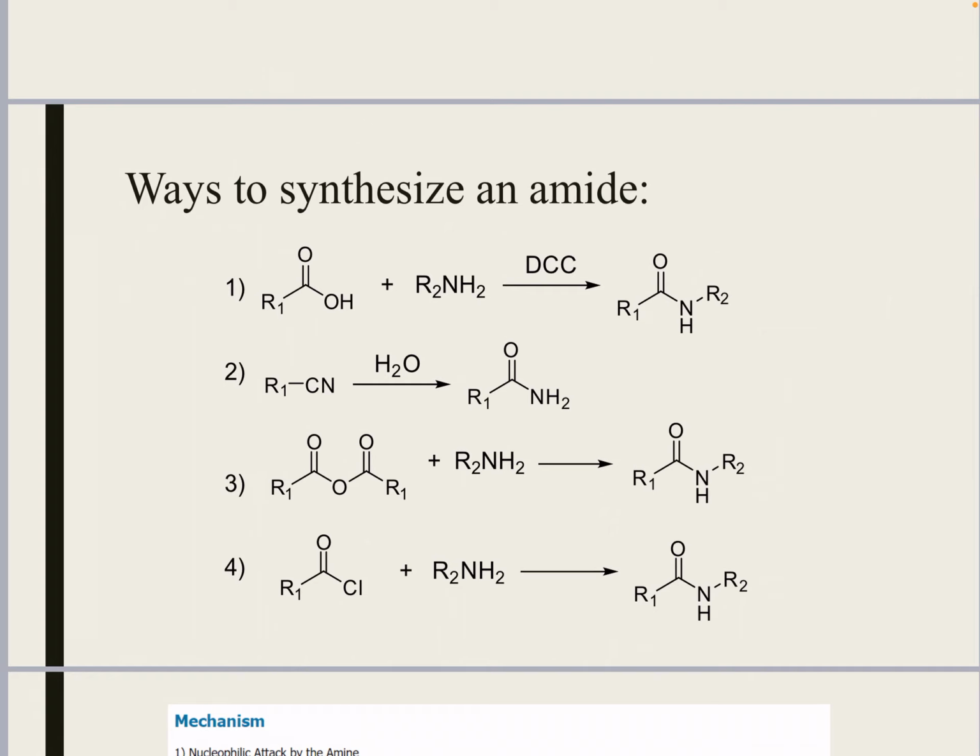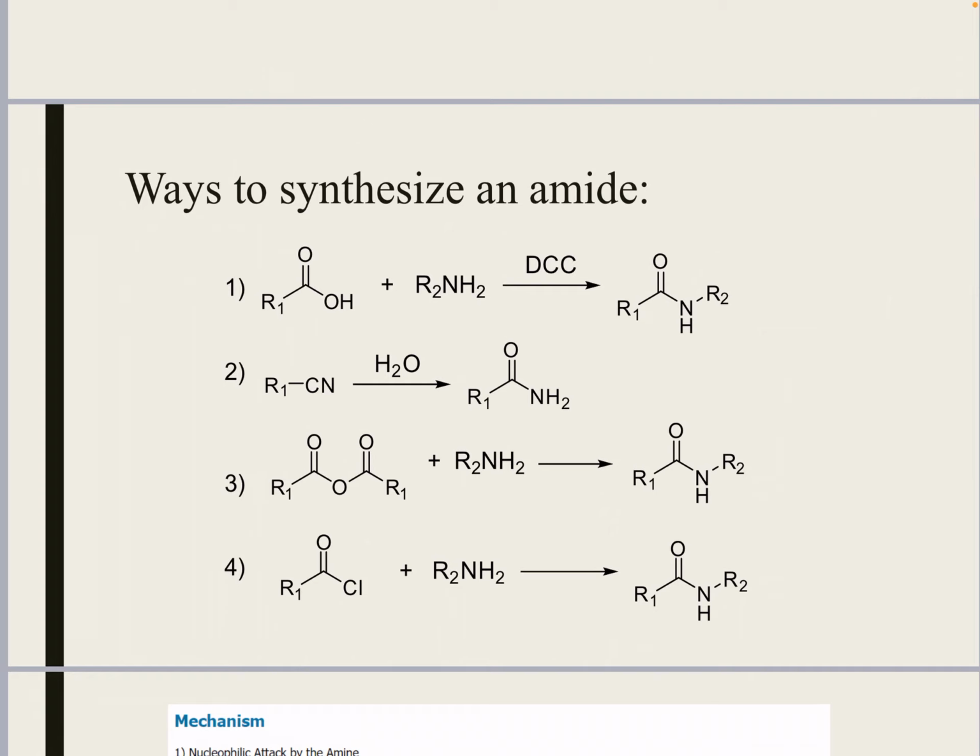The fourth method is going to be we start with an acyl chloride to react with an amine. As we know, acyl chloride is very reactive. It will react with a range of starting materials to form a bunch of final products.